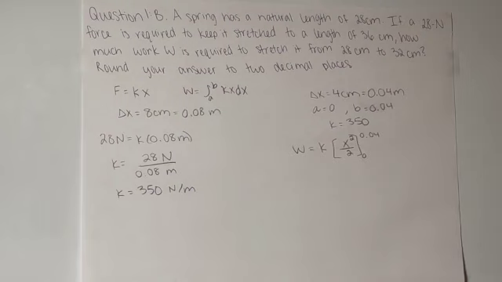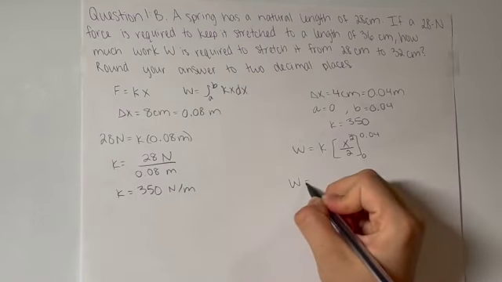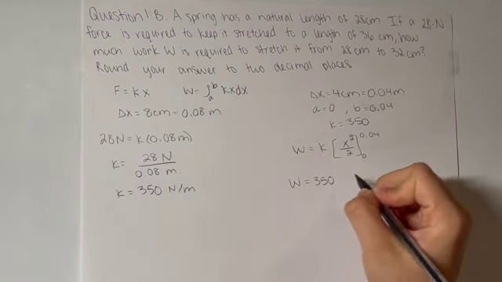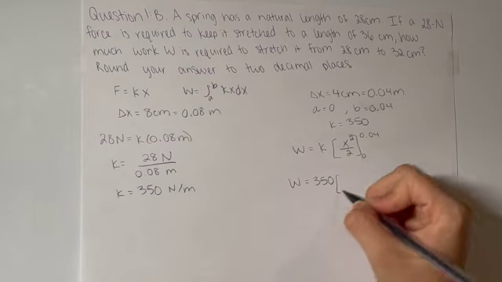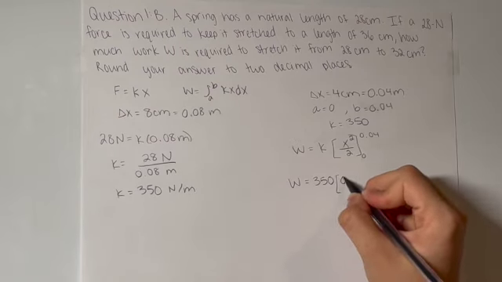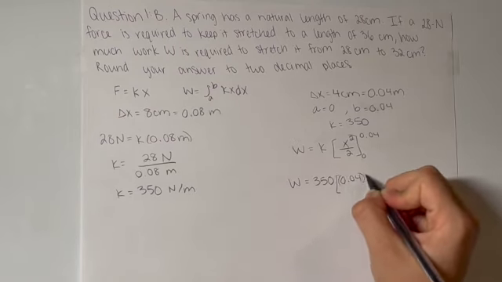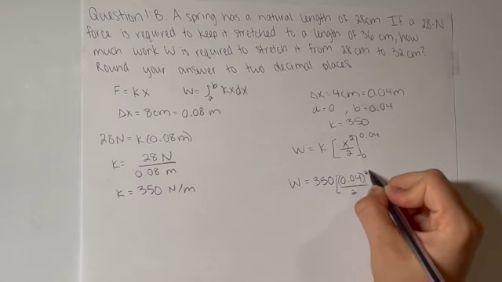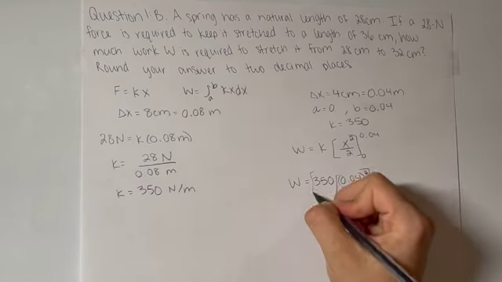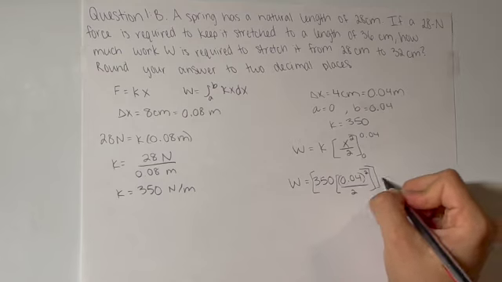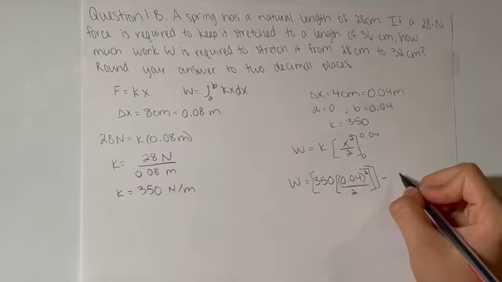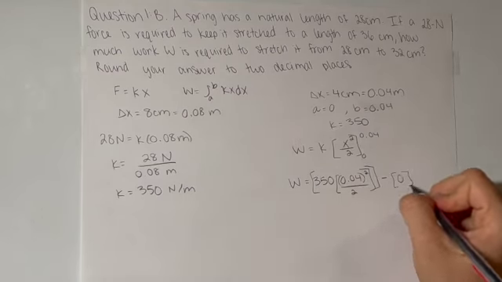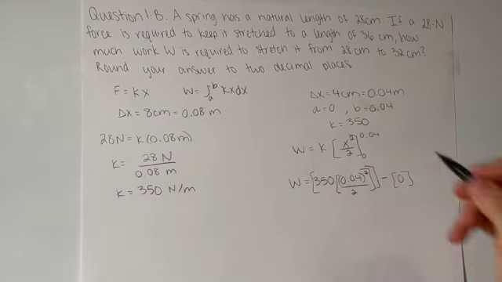Now we can plug in our numbers. We have W is equal to 350 times 0.04 squared over 2 minus 0, which is what we get when we plug in 0 for x.